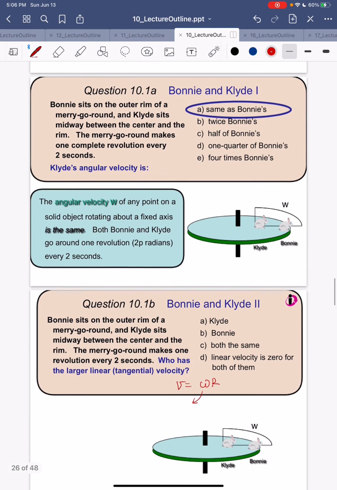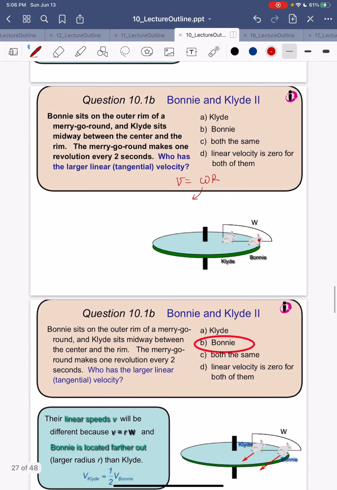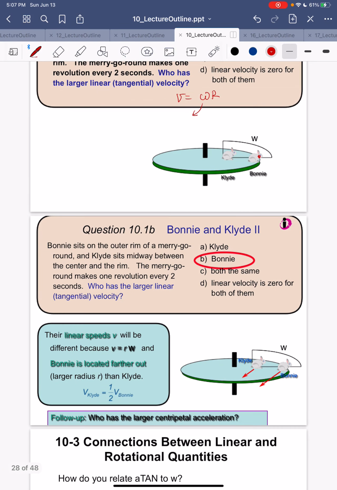Then who has the larger linear tangential velocity? Of course, Bonnie, because Bonnie is at the rim, whereas Clyde is in between. And of course, if he is midway, it's going to be half.